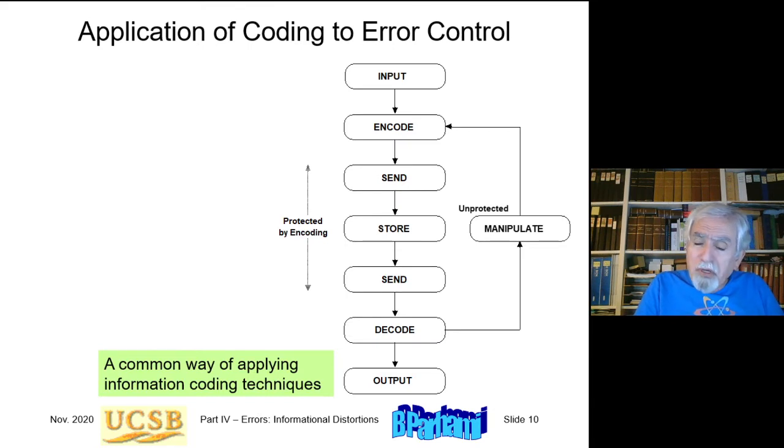Okay, application of coding. Coding basically historically was developed in connection with communication channels. So you would send a symbol from the transmitter.